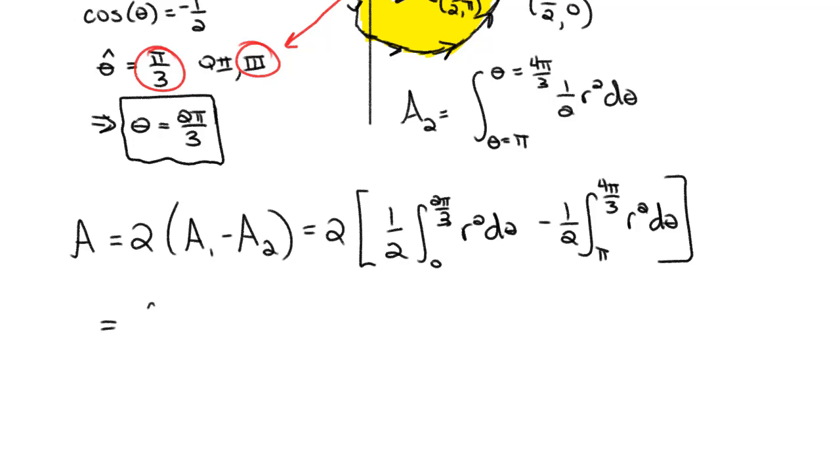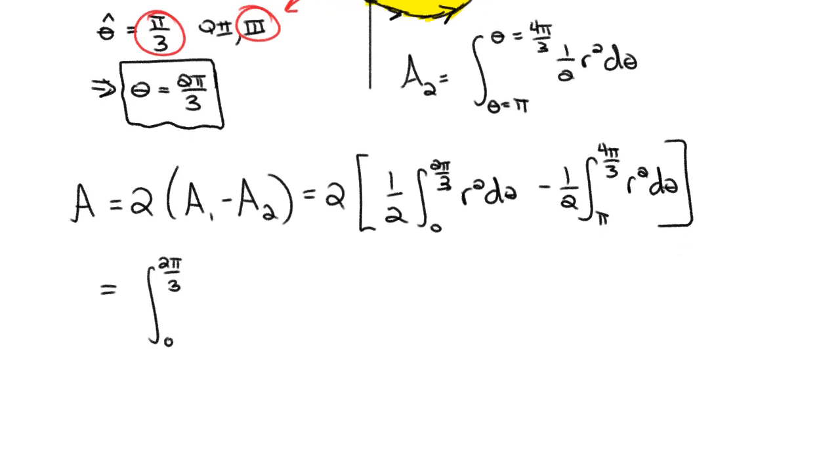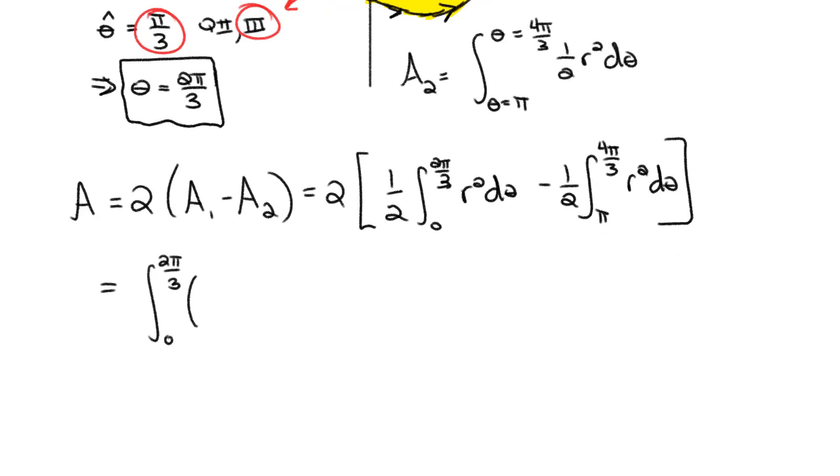This will be the integral, 0 to 2 pi over 3. R in this case is 1/2 plus cosine of theta, so I'll just square that. When you square that, you get 1/4 plus cosine of theta plus cosine squared of theta d theta.